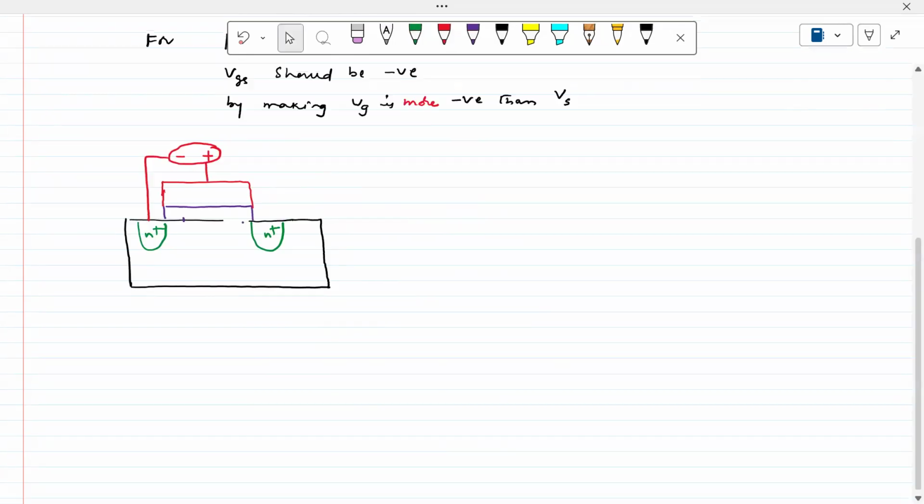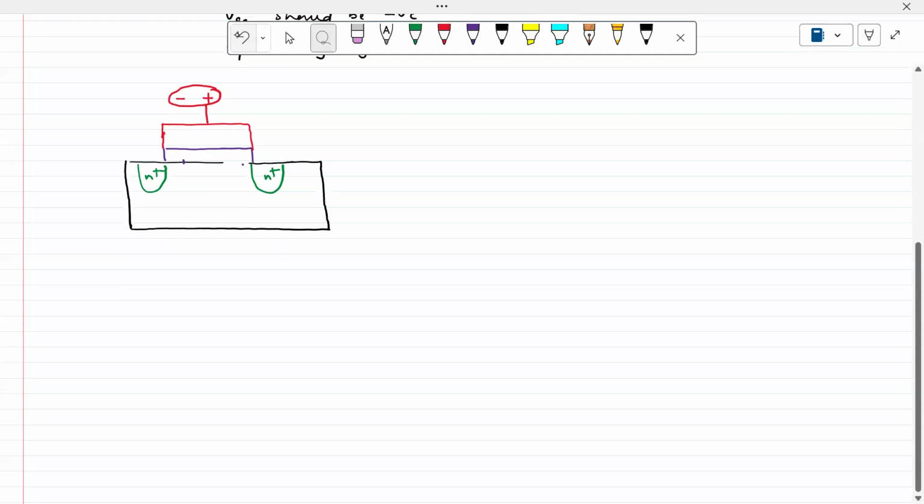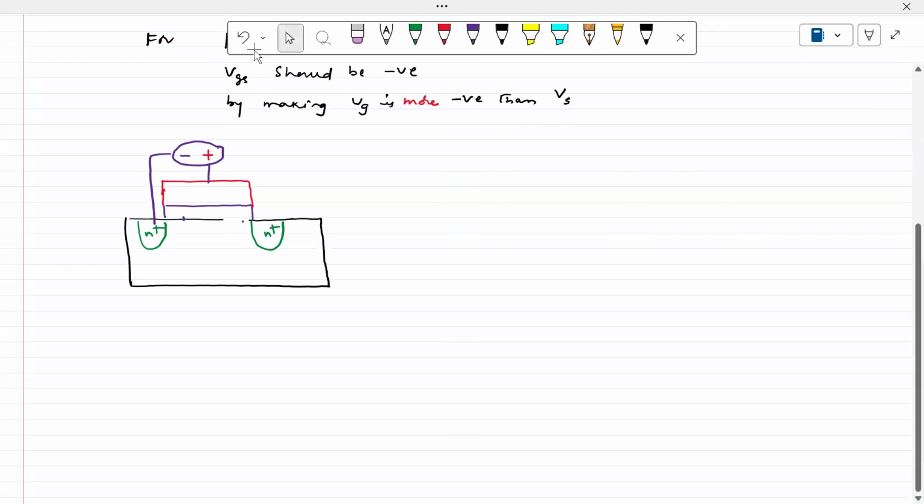Okay, and now the question comes here. We have already discussed this point, but I'll take another color. So this is a negative. Now here we take this as the positive potential, and this is a negative potential.